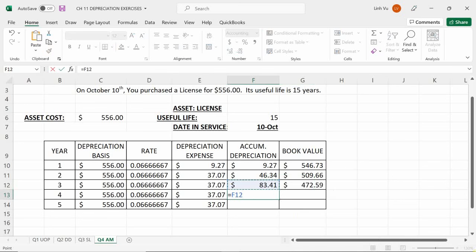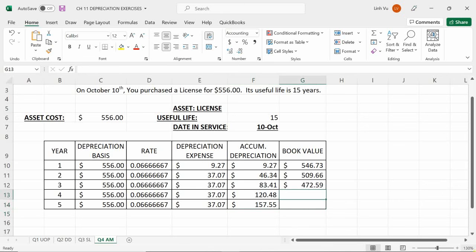Same thing here. Now, what's my accumulated depreciation for year 4? I'm going to add my 83.41 plus my 37.07, which gives 120.48, and I'm just going to go ahead and solve this one for you. You're just going to keep adding 37.07.